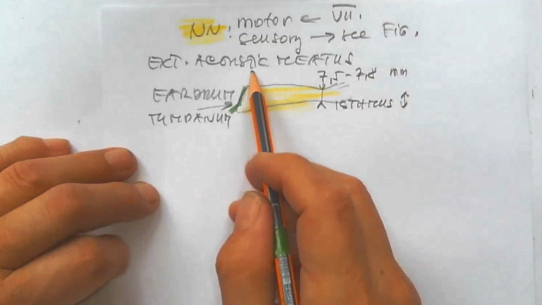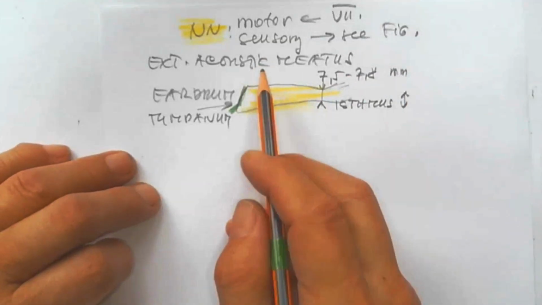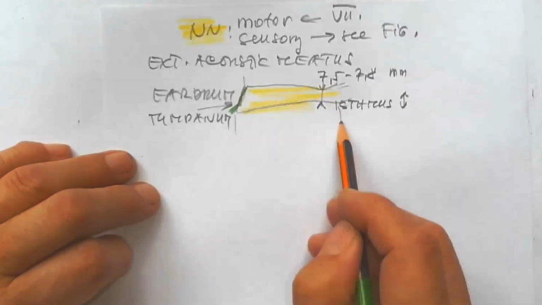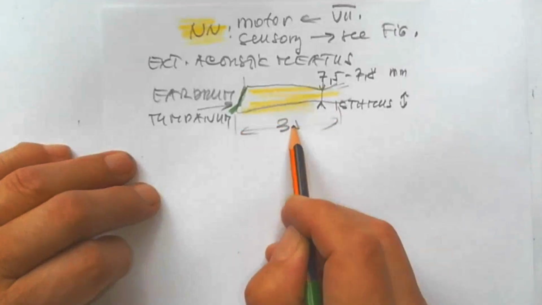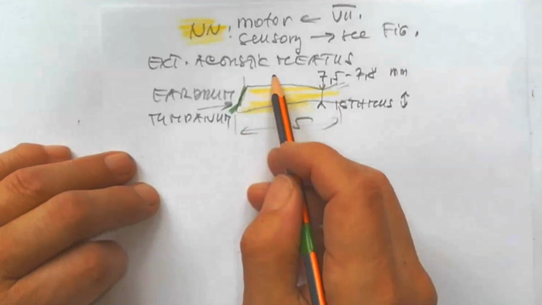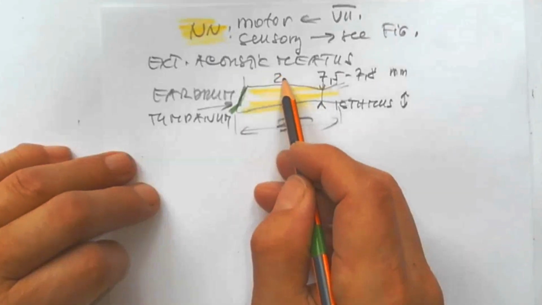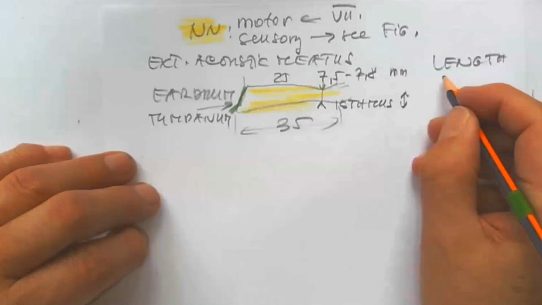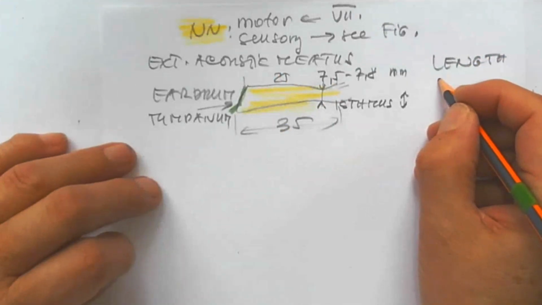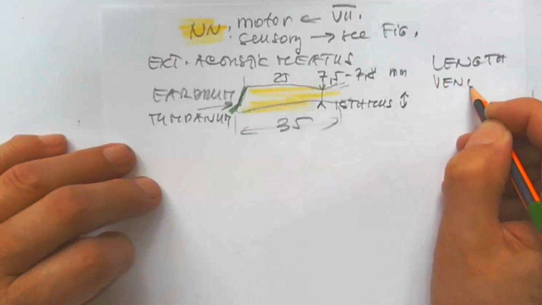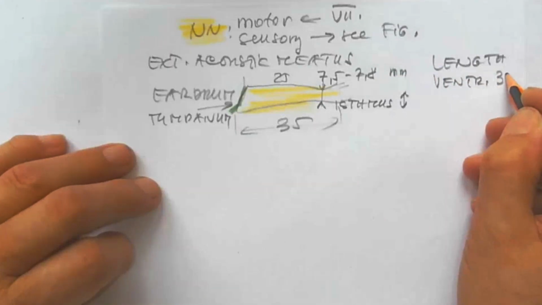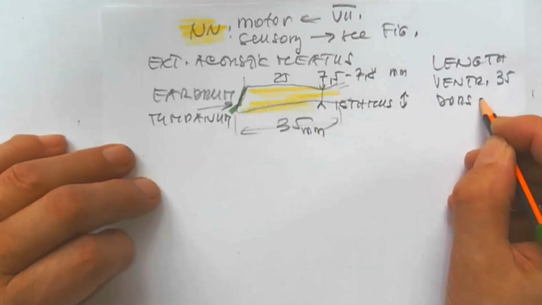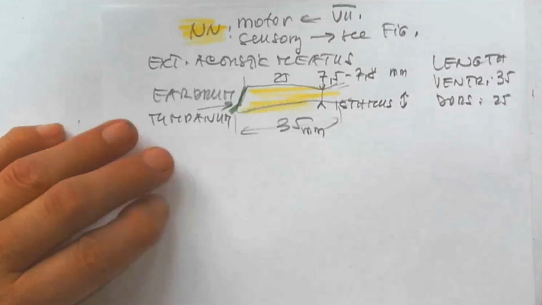The length ventrally is 35 millimeters, and dorsally 25. So the length on the ventral side is around 35 millimeters, and dorsally, posteriorly, approximately 25 millimeters.